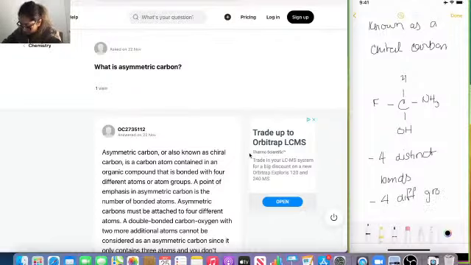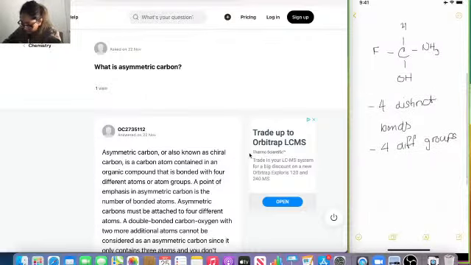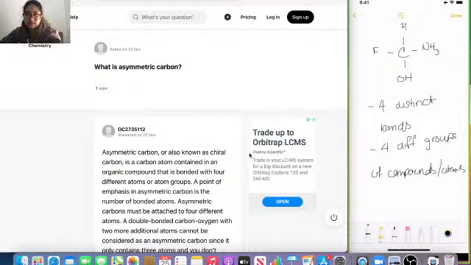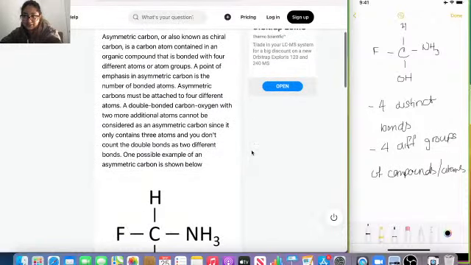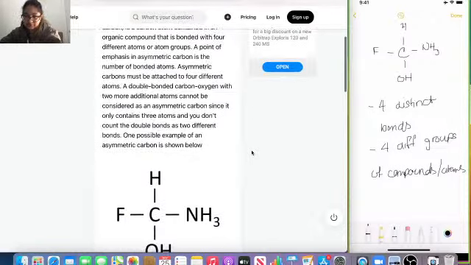So it can't be the same, or else it won't be a chiral carbon. 4 different groups of compounds or atoms. Okay, and so this is what a chiral or an asymmetric carbon is.